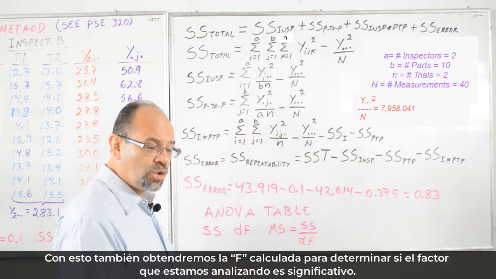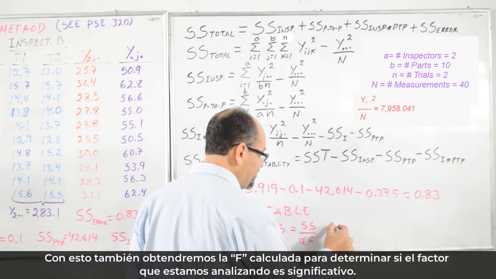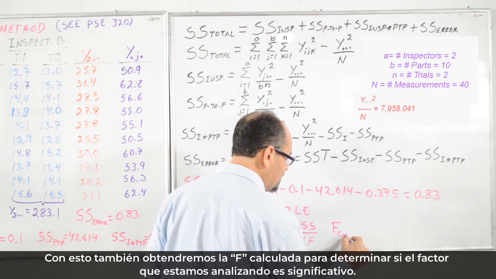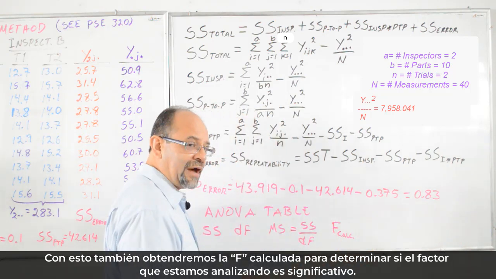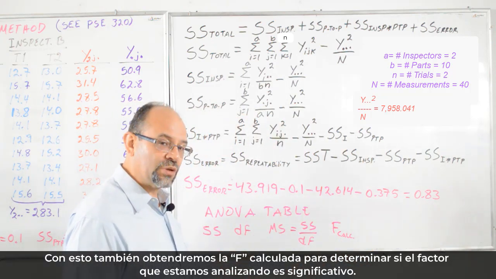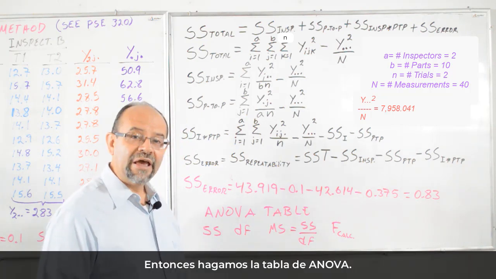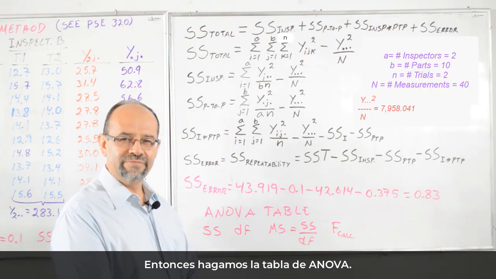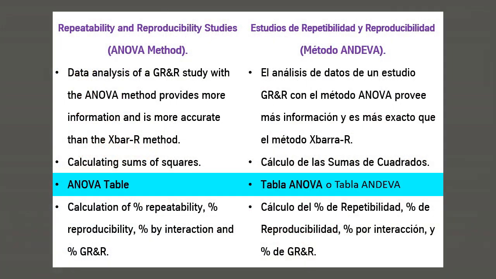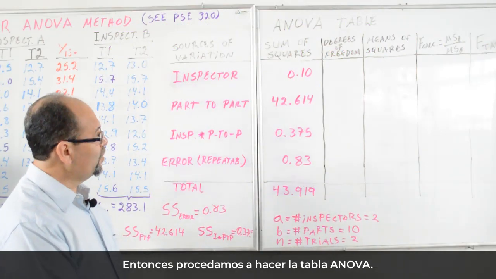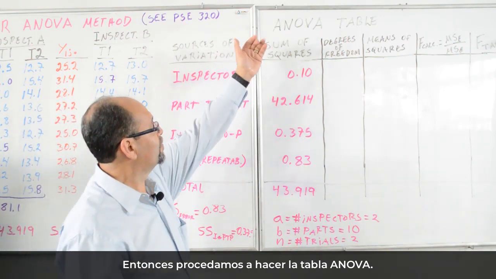With that, also we are going to get F calculated to determine if the factor that we are analyzing is significative. Well, let's do the ANOVA table.